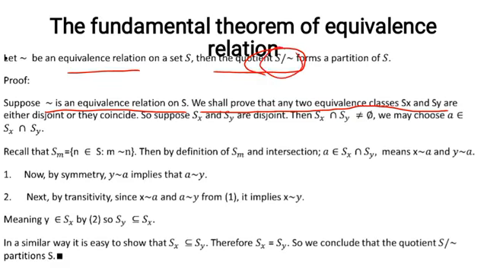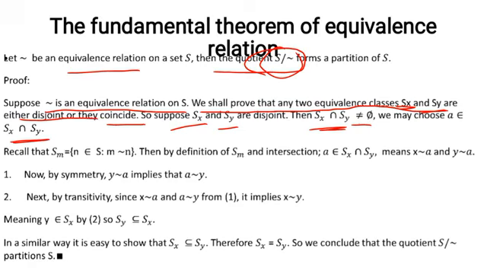Because this is a collection of all equivalence classes. So we pick two of them, Sx and Sy, and they are either disjoint or they coincide. So we want them to either be disjoint or coincide. So suppose we have two equivalence classes, Sx and Sy, that are not disjoint, meaning that if you take the intersection, it's not empty, there are elements in it. Okay, we may choose a in this intersection because it's not empty, right?